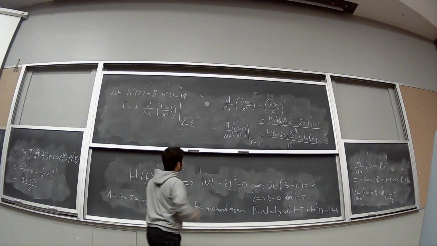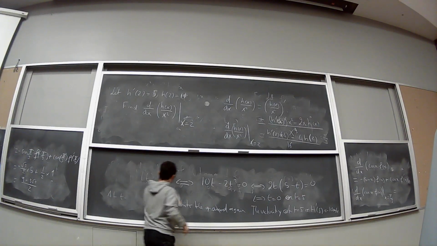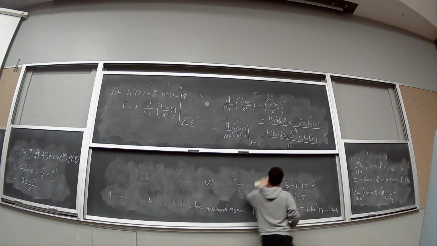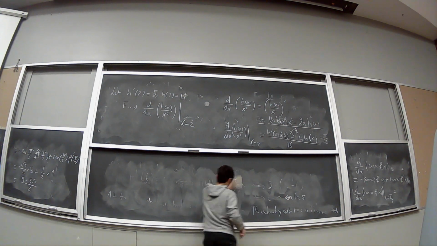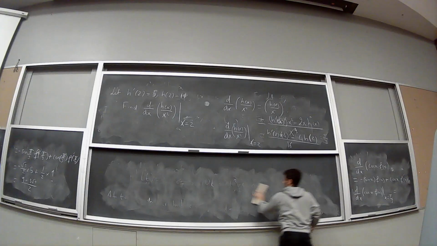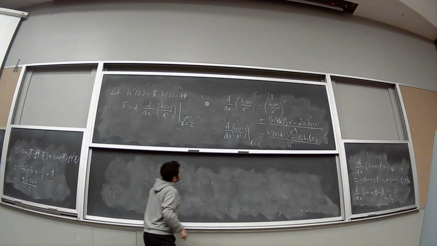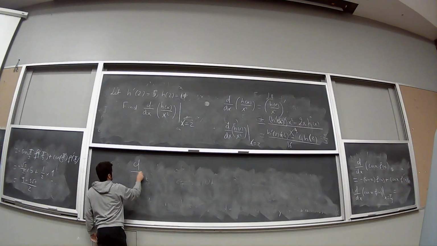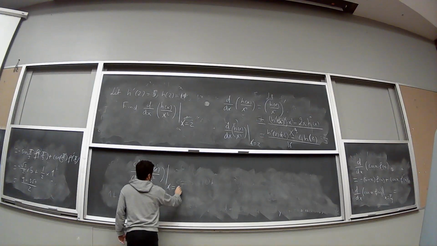Let me rewrite this. d by dx of h of x over x squared at x equals 2, what is that?